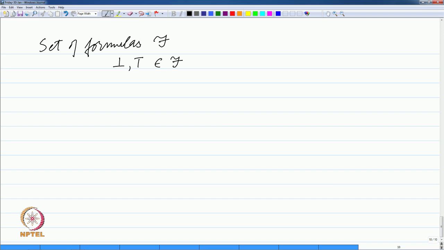Then if T 1 and T 2 are terms, then T 1 equal to T 2 belongs to the set of formulas.